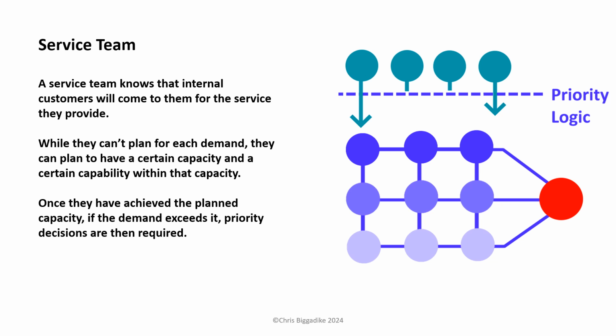Of course, the demand will not arrive in a regular flow. The peaks and troughs in demand can be managed using a priority logic. Ideally, the internal customers would understand that priority logic, reducing conflict.